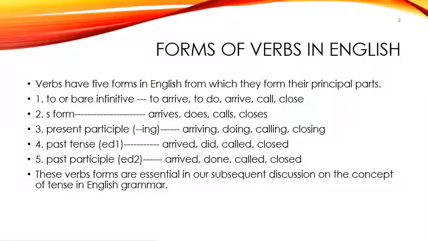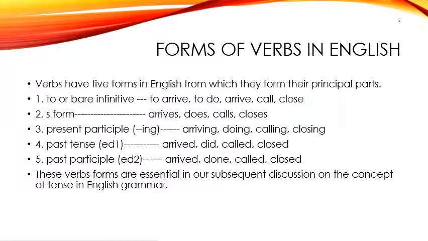Then the fifth one is called past participle, which is in bracket ed2. We have examples like arrived. This is called a regular verb because it takes ed in past tense and ed in past participle form.